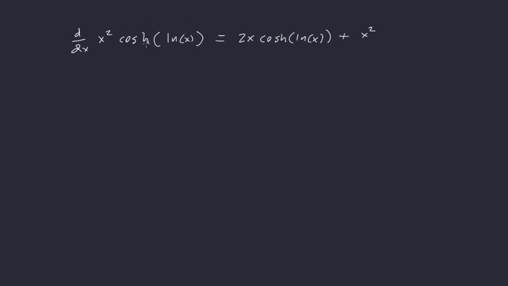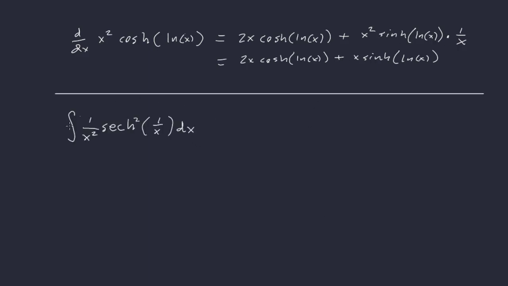The derivative of cosh of stuff will be sinh of stuff. Remember, we don't have to introduce a negative here. So we'll leave the inside alone, then multiply by the derivative of the inside, which will be 1 over x. So it turns out we get 2x times cosh of natural log of x plus x sinh of ln of x. I just simplified that.